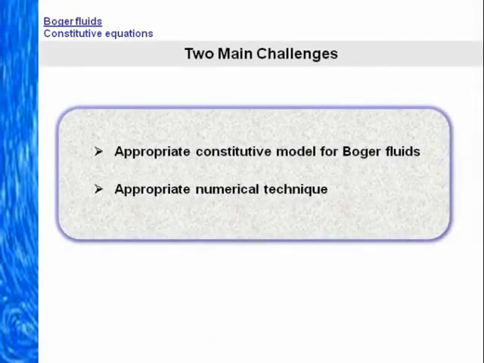At that time, there were two main challenges. The first was to decide on an appropriate constitutive model for Boger fluids. The second was to choose an appropriate numerical technique in the computations. This is not the place to address the latter issue, but it is of interest to follow and explain perceived wisdom on the issue of an appropriate constitutive model for Boger fluids.